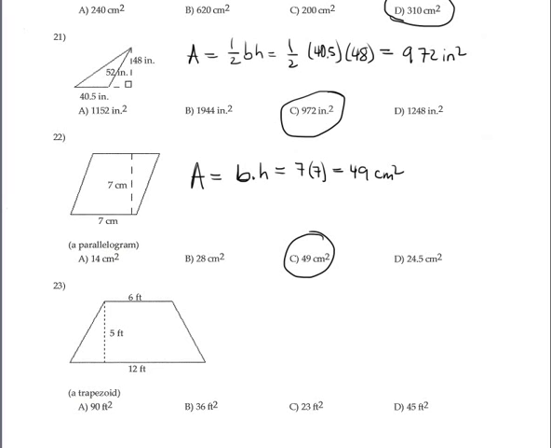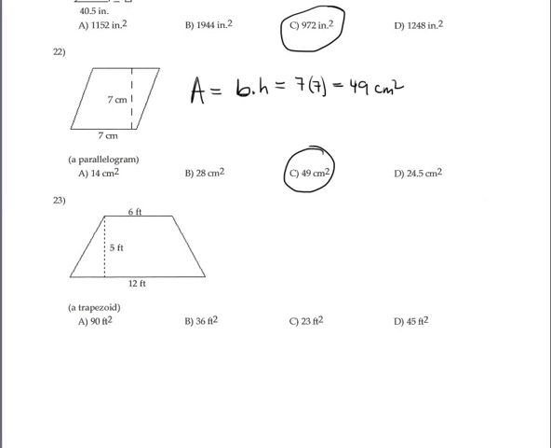And finally, the trapezoid. The formula of the trapezoid is a little bit more complicated. Its area is equal to 1/2 (B plus b) multiplied by h. Okay, area is equal to 1/2. Capital B is 12, the big base. Little b is 6, the other base.